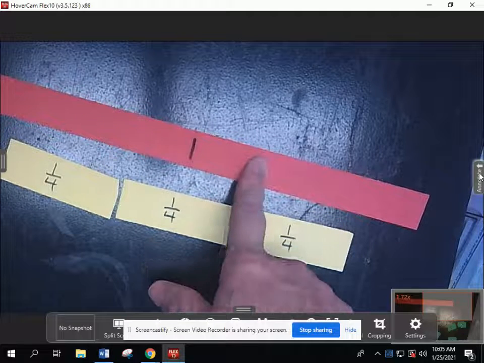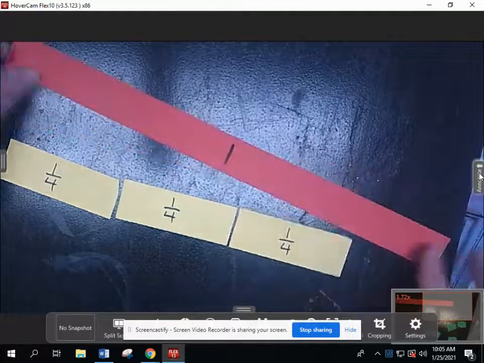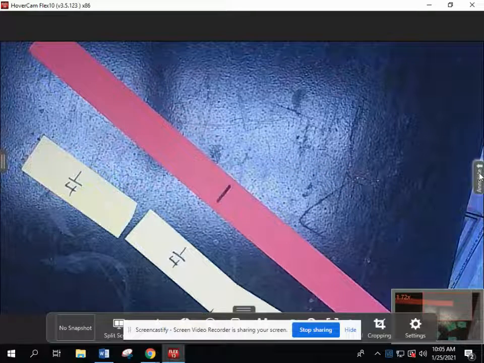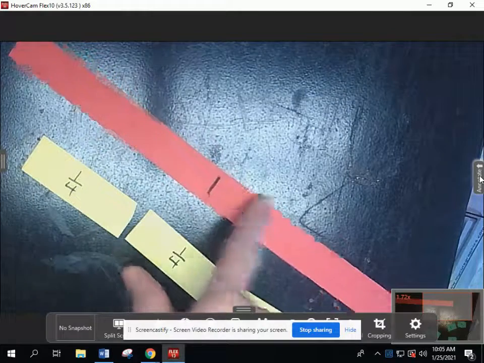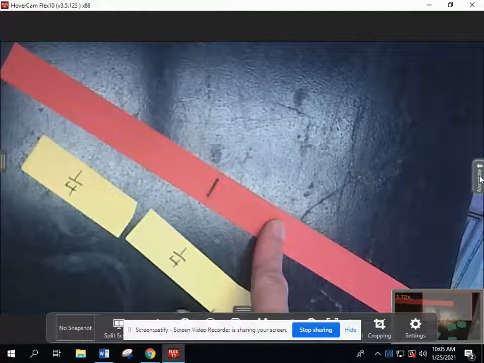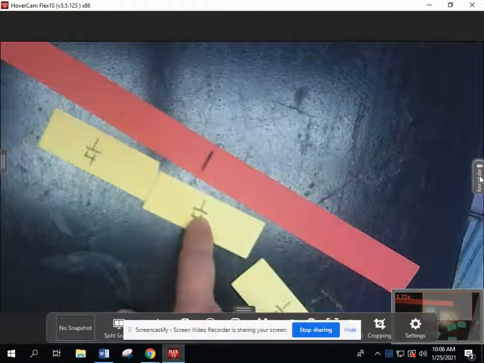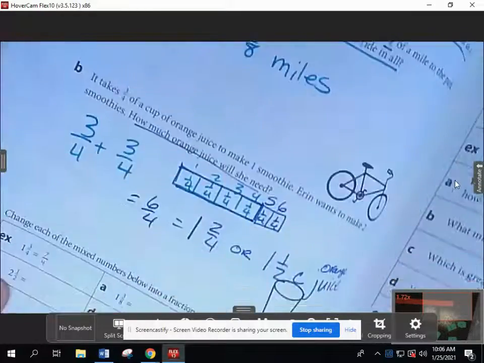How many fourths can I lay on this red strip? Anybody know? Yes, 4. Jacob told me I can put 4 of them. So this is 4/4, then 5/4, 6/4, 7/4, as you can see by the answer here.